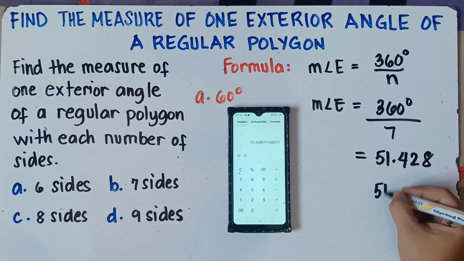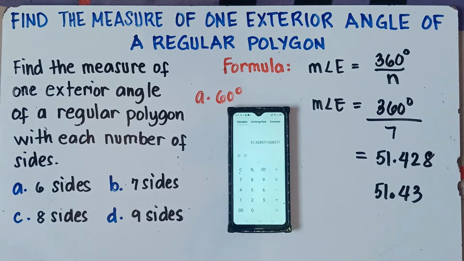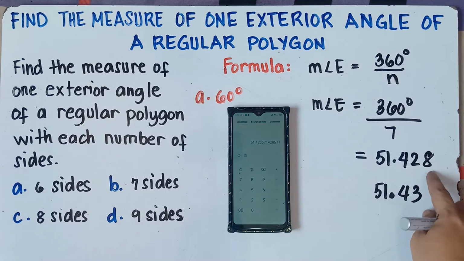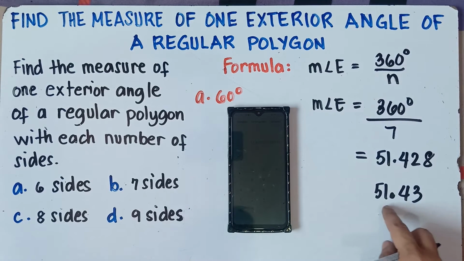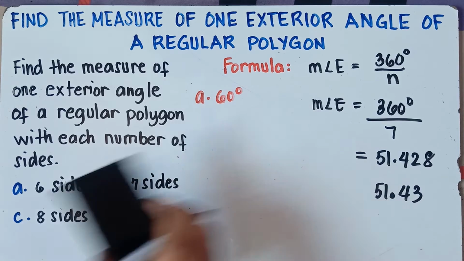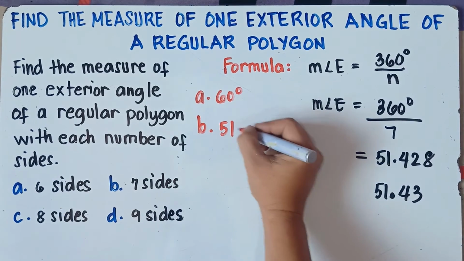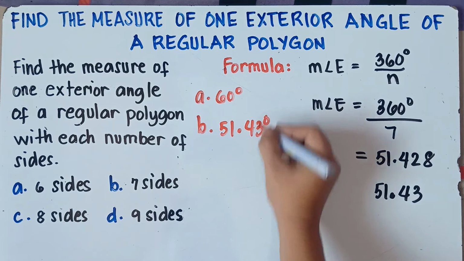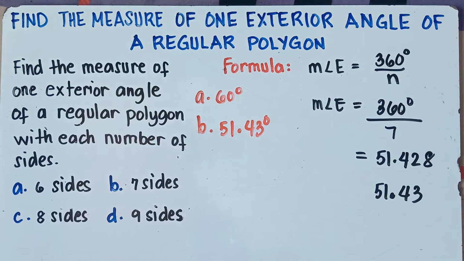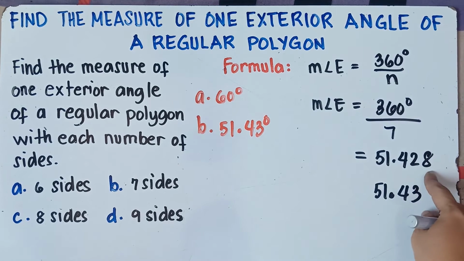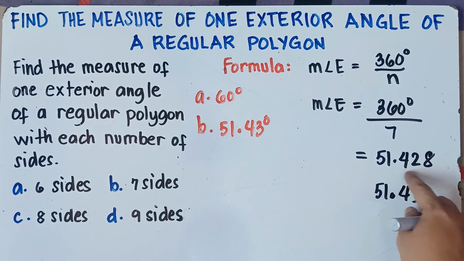So this will be 51.43. So approximately our answer will be 51.43 degrees for the exterior angle of a regular heptagon. Once again, class, we need to round up because after 2, that is 8. So this will be 51.43.